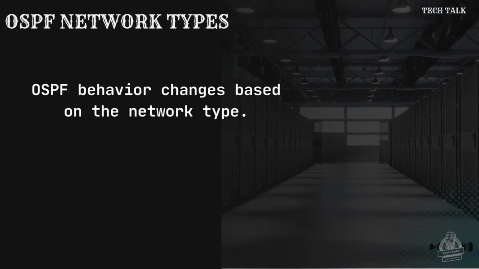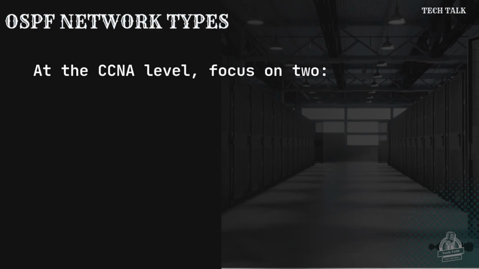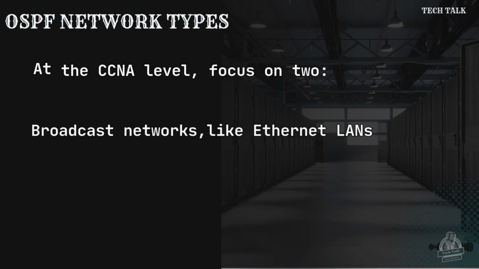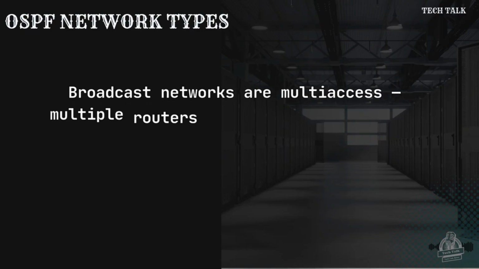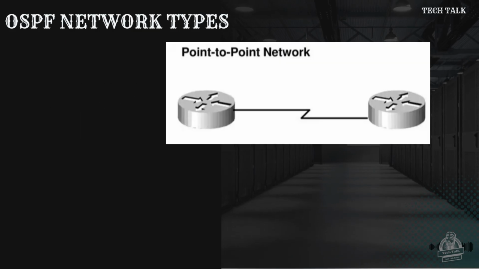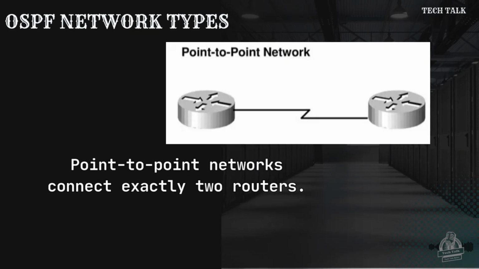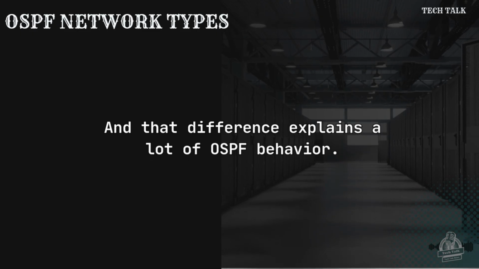OSPF behavior changes based on the network type. At the CCNA level, focus on two: broadcast networks like Ethernet LANs and point-to-point networks like serial or PPP links. Broadcast networks are multi-access. Multiple routers share the same network. Point-to-point networks connect exactly two routers. And the difference explains a lot of OSPF behavior.